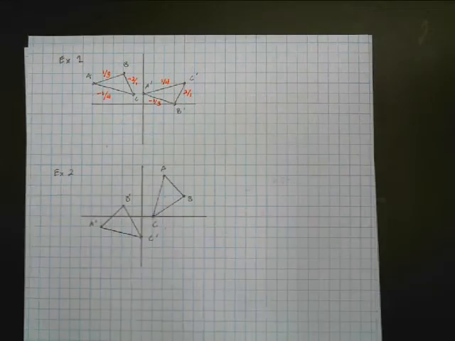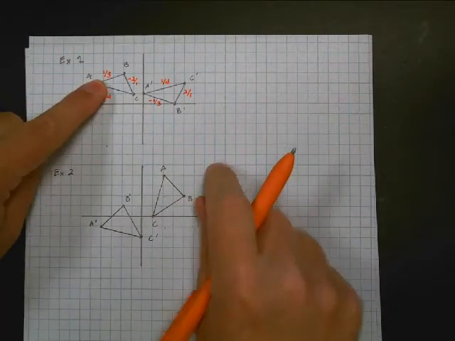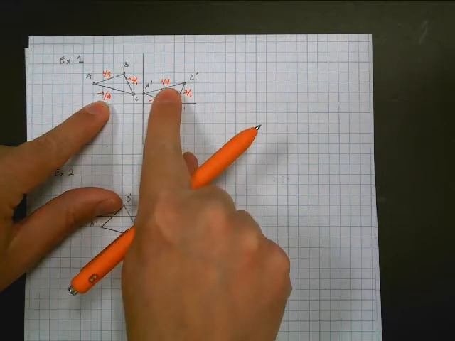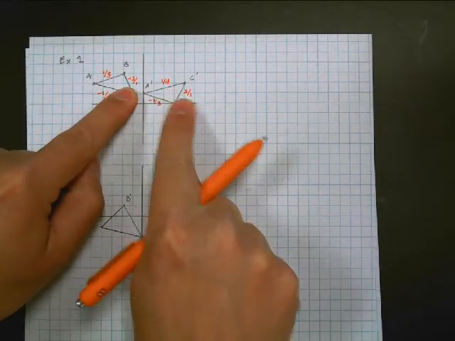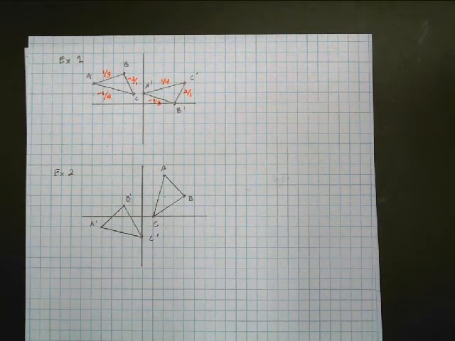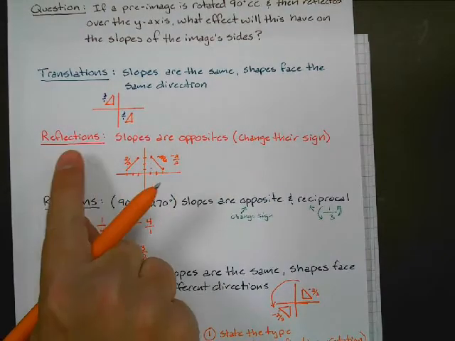All right, so we've got our slopes, and now we're going to compare. So 1/3, negative 1/3. Negative 1/4, positive 1/4. Negative 2 over 1, positive 2 over 1. Those look like opposites because it's the same numbers, it's just one's positive, one's negative. Now, which of our transformations gives us opposite slopes? Slopes are opposites, that's reflections.